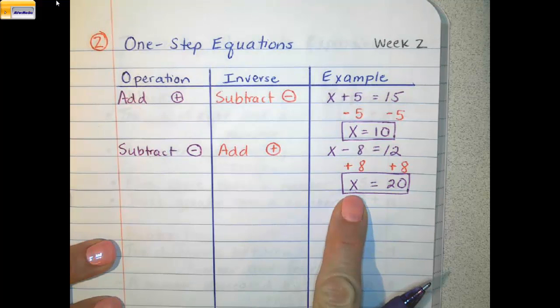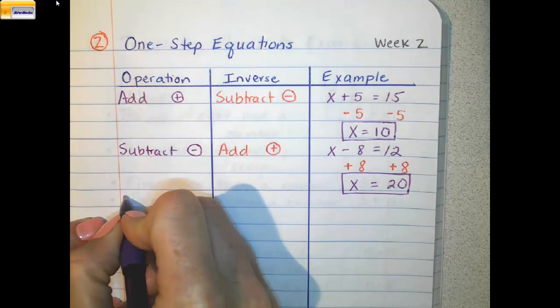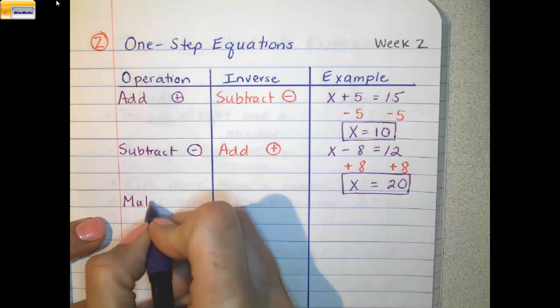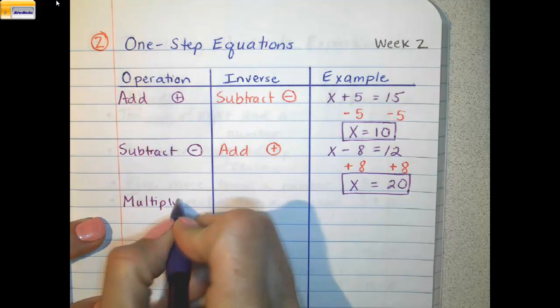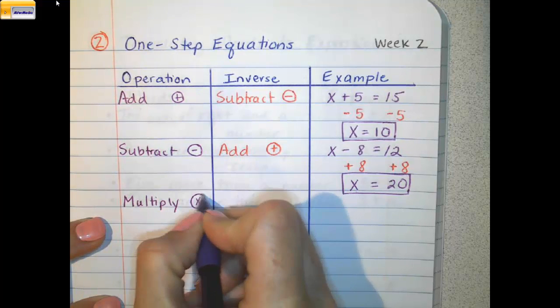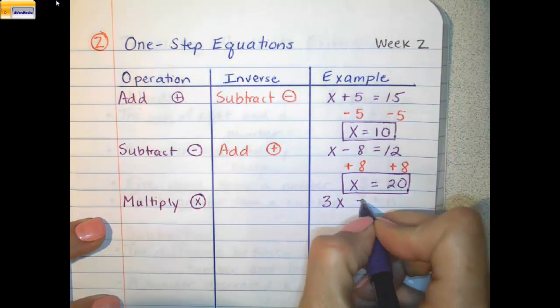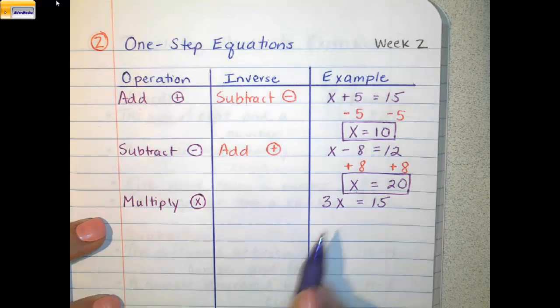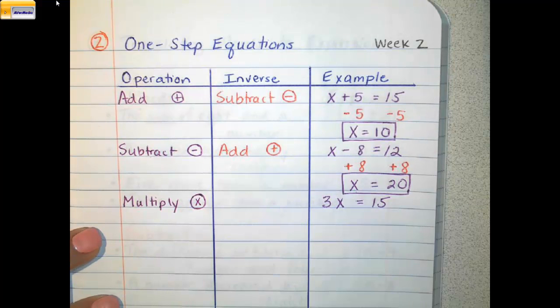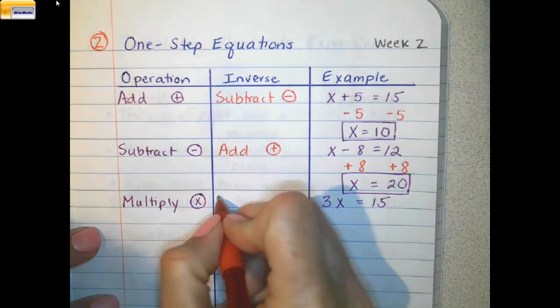If the original operation that I start with involves multiplying, such as 3x equals 15, this means 3 times x equals 15, then the inverse of multiply is divide.